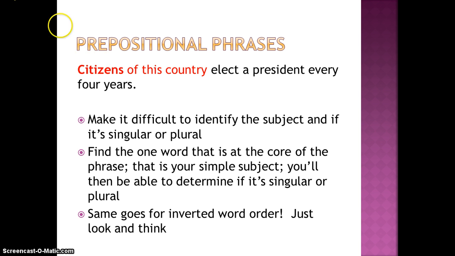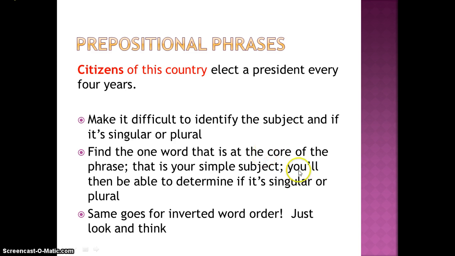So citizens of this country, they, elect a president every 4 years. So citizens, they, since they is plural, citizens is obviously plural. The S is kind of a clue. Don't get hung up too much on that S. But we know that the subject is plural, so the verb is plural.